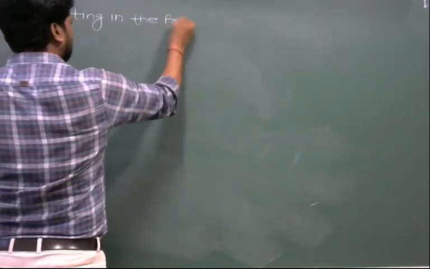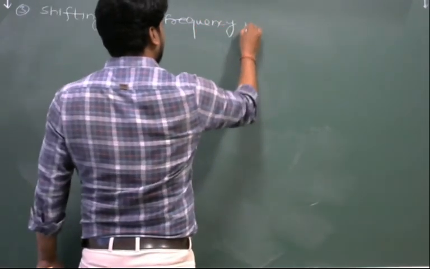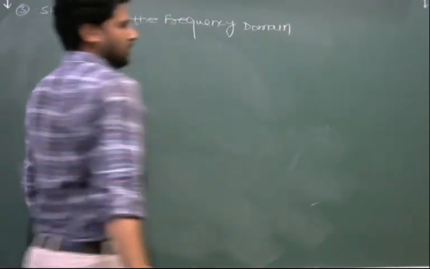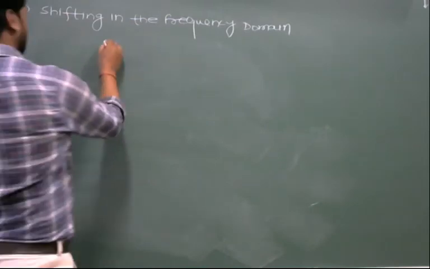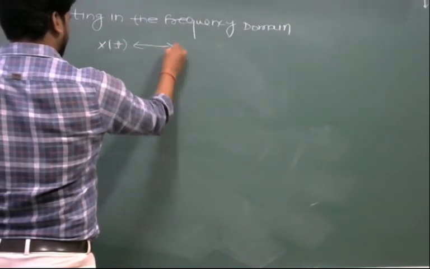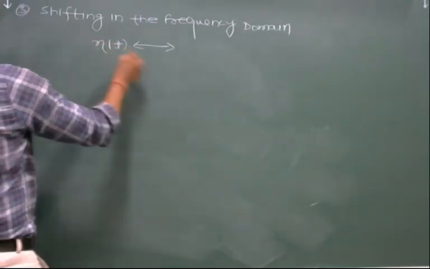Shifting in the frequency domain. If I shift the signal in the frequency domain, it means that if the Fourier transform of xt is, these are two different functions, suppose this is small x.